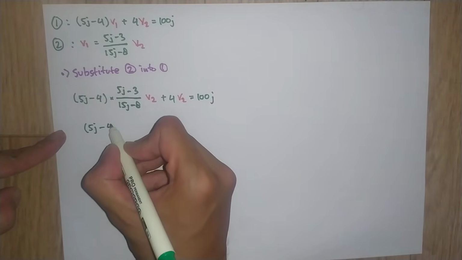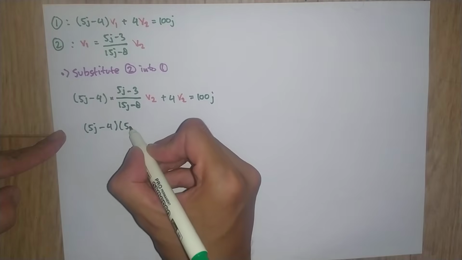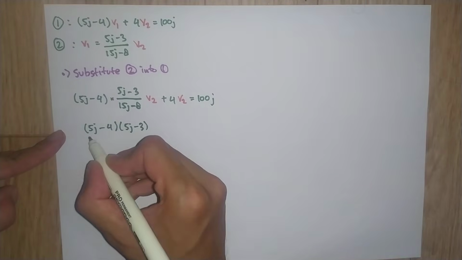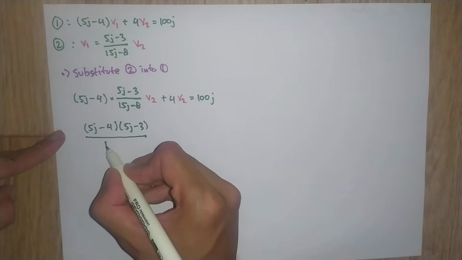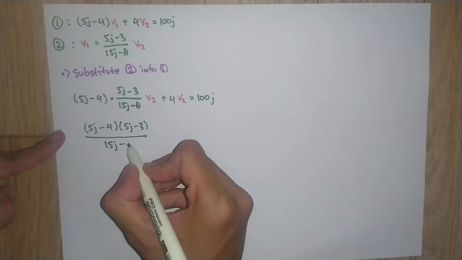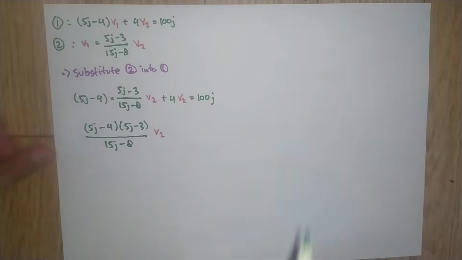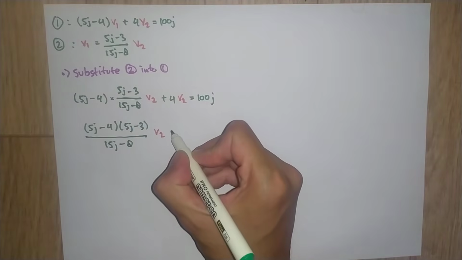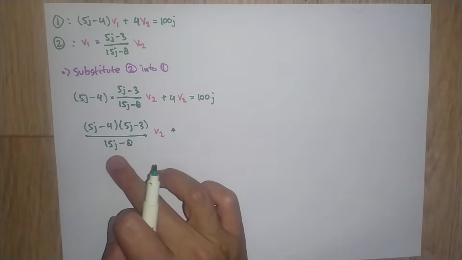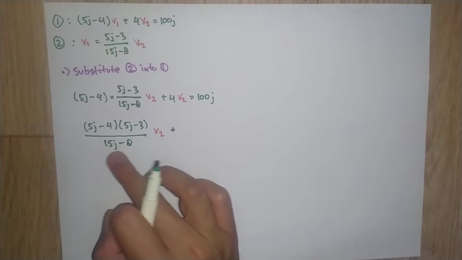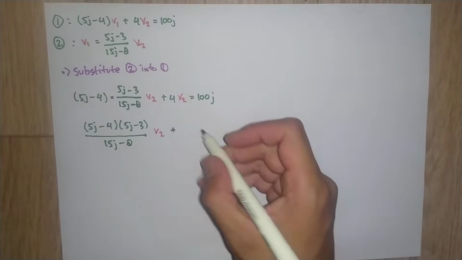Okay, for this one I just group them together. 5j minus 4, 5j minus 3 divided by 15j minus 8 of V2. And now because this is 4, only 4, we need to make the denominator like this one, so we can add them together.